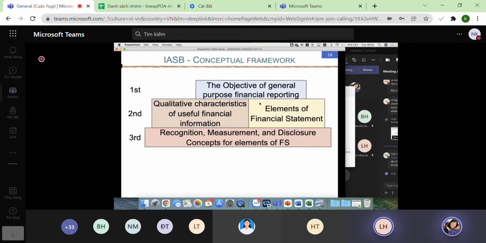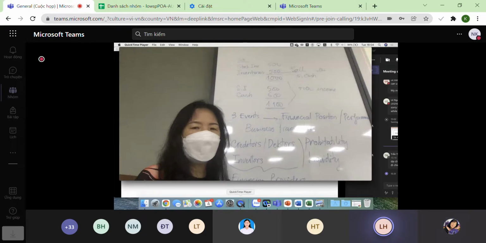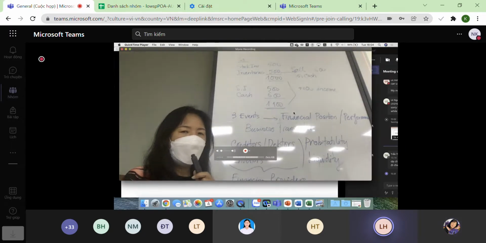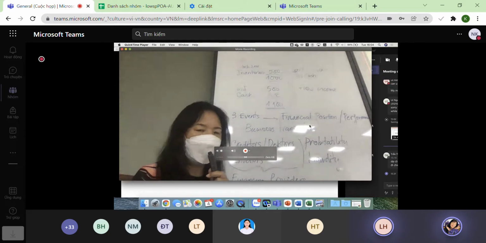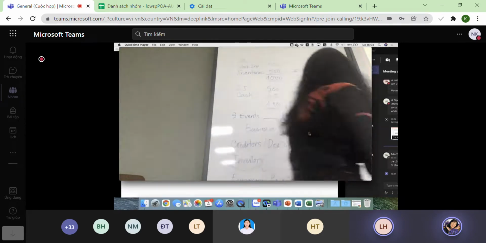So here we should take note: 5 elements of financial statements. And what are the elements?